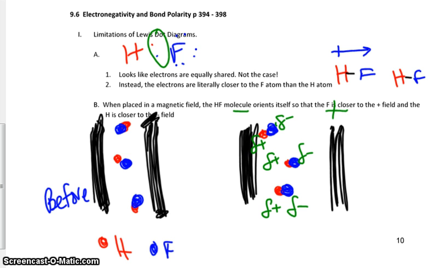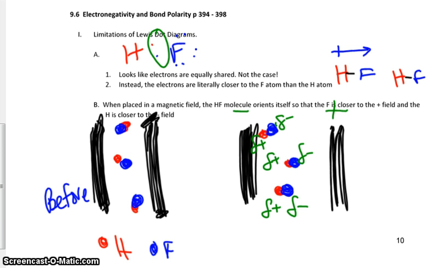Probably the way that I do, and I'm not sure about Mrs. Blankenship, I use these other little symbols, which are a partial. It is actually in the Greek alphabet a lowercase delta. So this lowercase delta is a partial symbol. It means partially positive, partially negative.